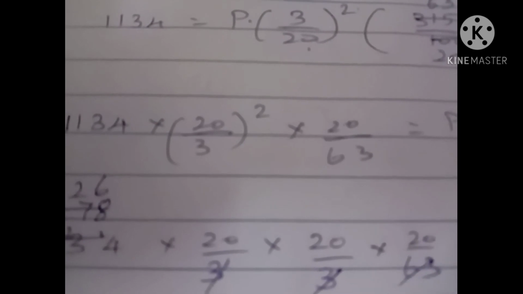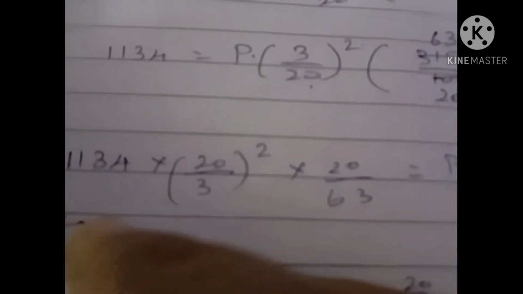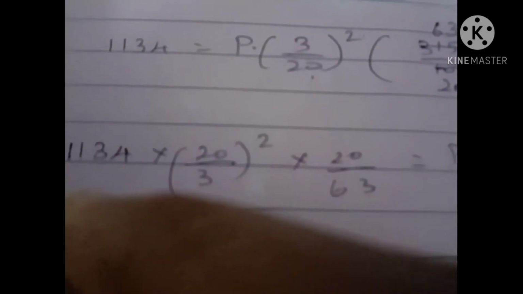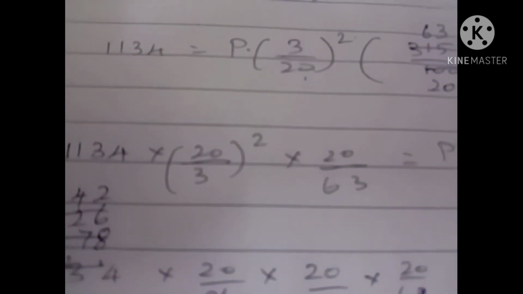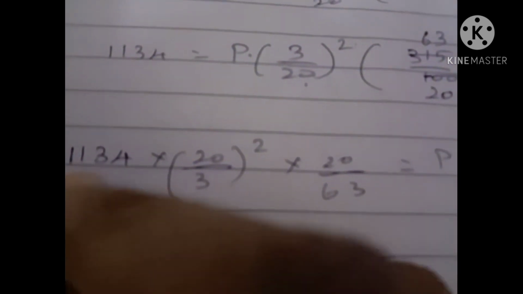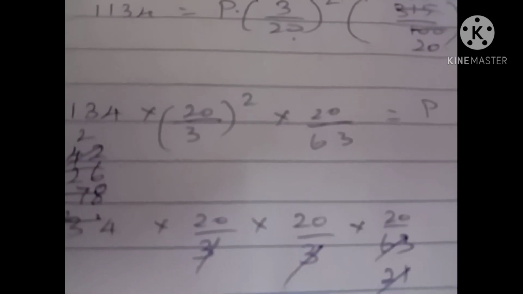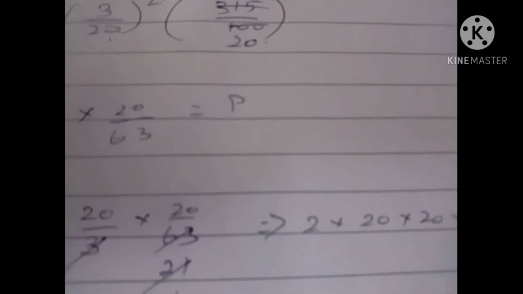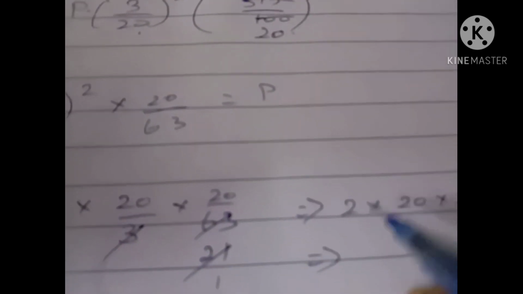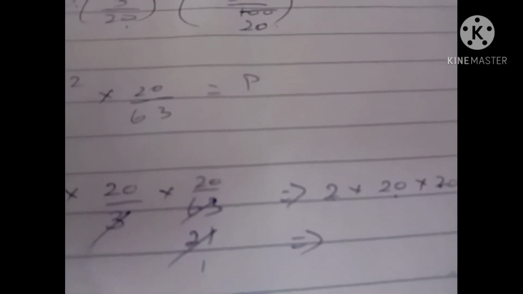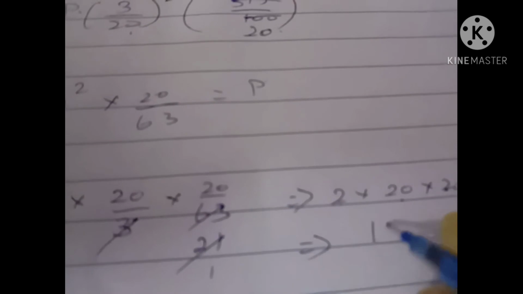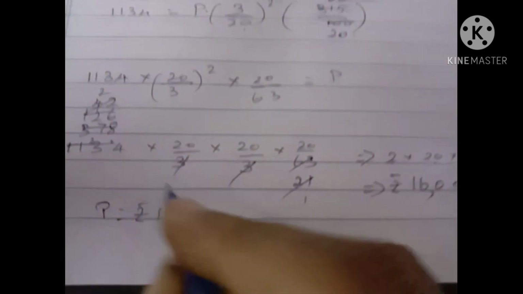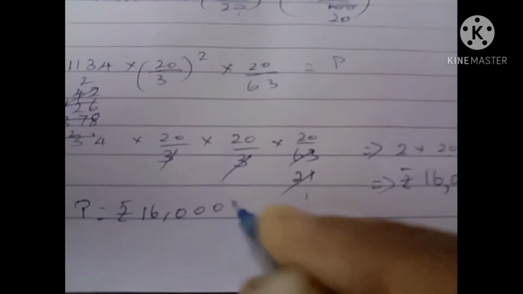Then with the 3 table, 3 twos are, 3 ones are, here 3 fours are, 3 twos are, and in the 21 table, 21 ones are, 21 twos are. Therefore 2 into 20 into 20 into 20, which is equal to 2 twos are 4, 4 twos are 8, 8 twos are 16. Then add the 3 zeros. Therefore principal is equal to rupees 16,000.